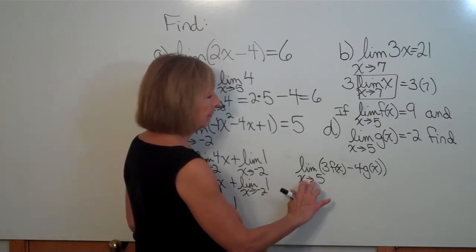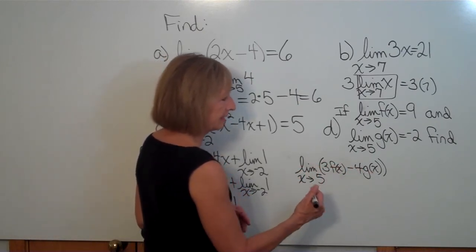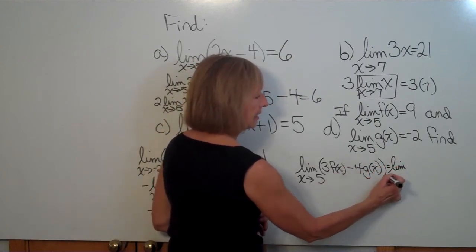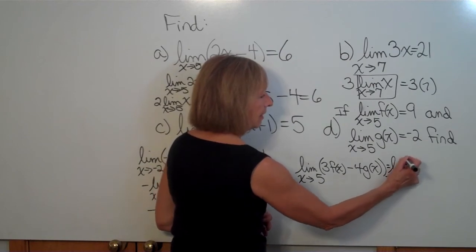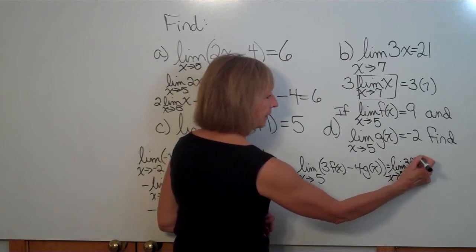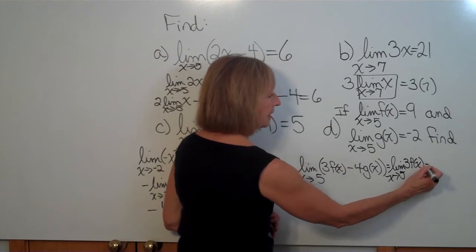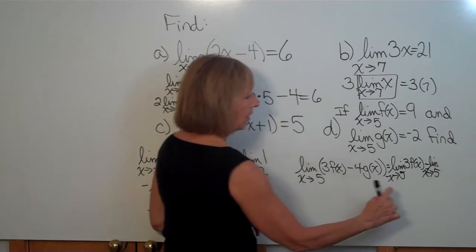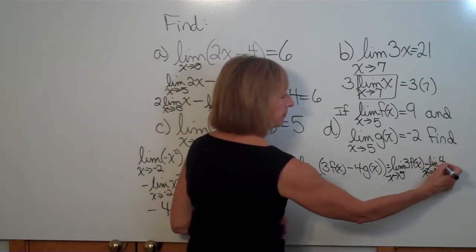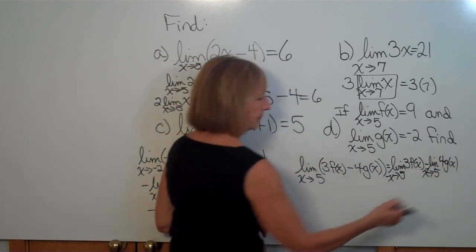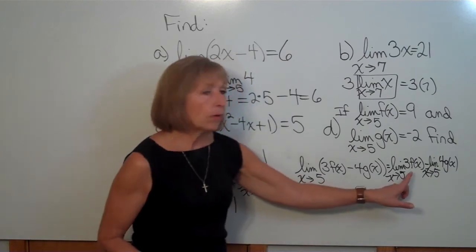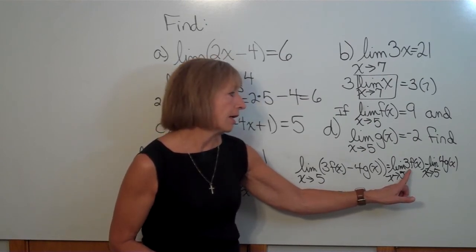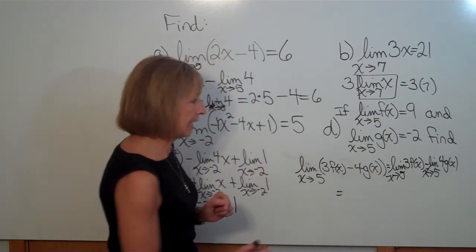So first off, the limit of a sum or difference is the sum or difference of the limits. So this is the limit as x approaches 5 of 3 times f of x minus the limit as x approaches 5 of 4 times g of x. Now we're going to pull out the scalar factors that are in our argument that the limit is acting on.